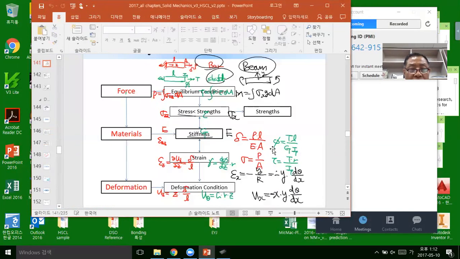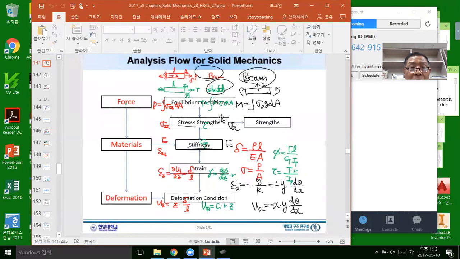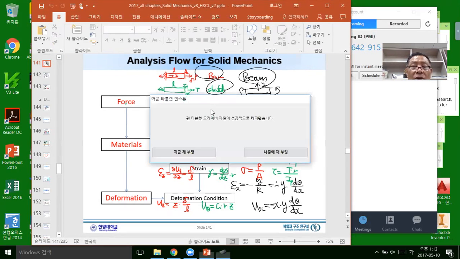So this flow chart, as I used last time, has a bar and shaft and beam, and the force we apply, P and T and moments. That's the force we apply, and the equilibrium is that the moment we apply should be the same as the resultant of the internal stress, sigma x times y dA, or for torsion.